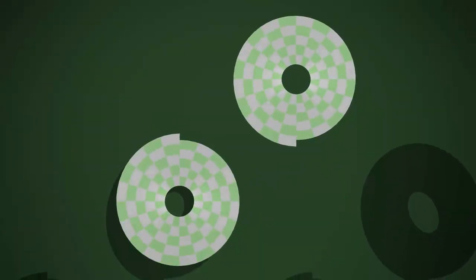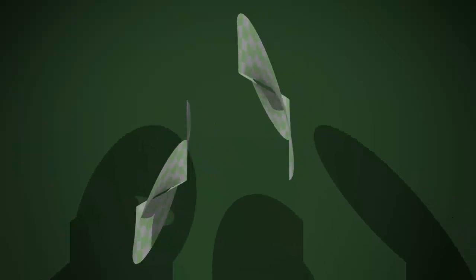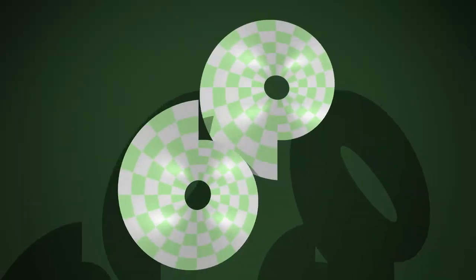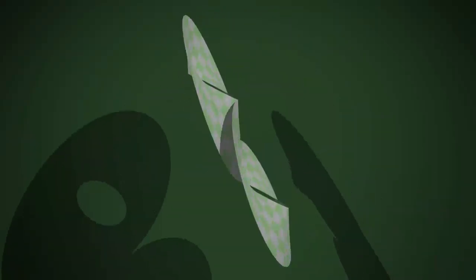Here is a strip of paper. Let's fold it, and cut it, and glue it together. And we have a special object in space.